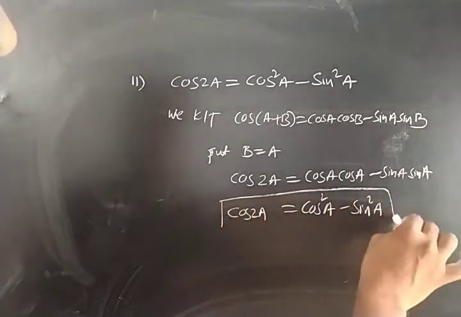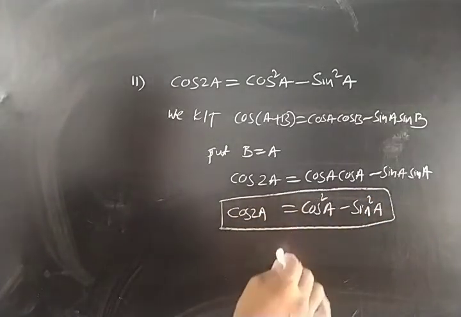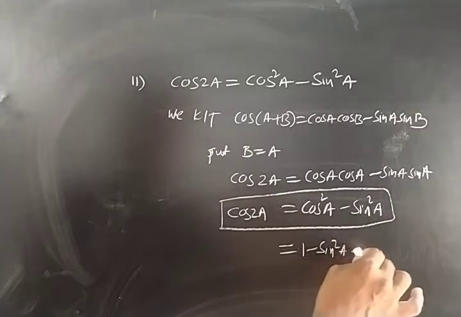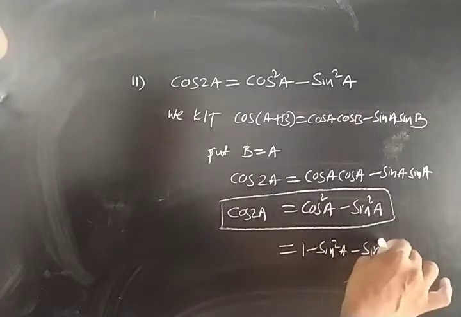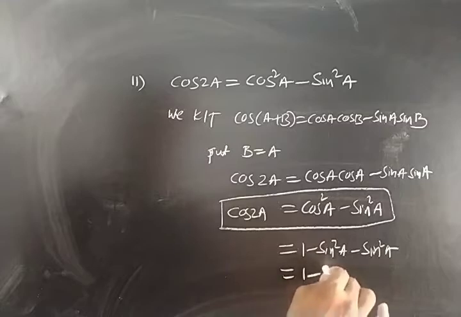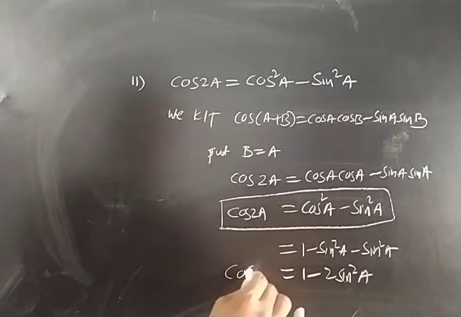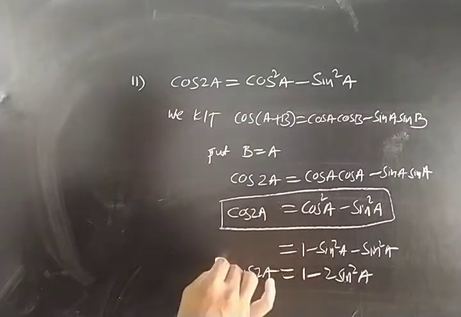This is the second identity. If I put in place of cos square A, 1 minus sin square A, it becomes 1 minus 2 sin square A. If it is necessary, you can use this formula also.